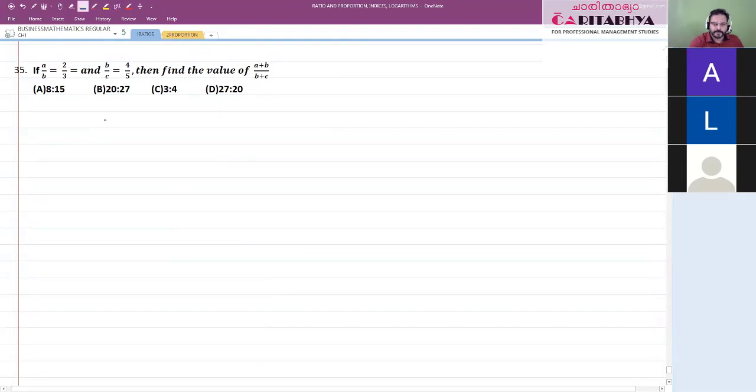A by B, that means A is to B equal to 2 is to 3. B by C, that means B is to C equal to 4 by 5. If we find A is to B is to C, we can find the values of A, B and C, then substitute the values for A, B and C to get the answer. 2 is to 3, 4 is to 5.